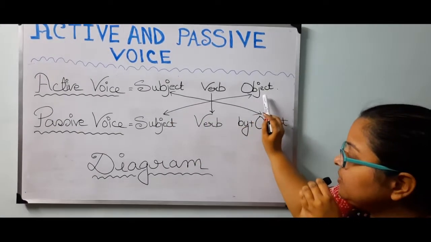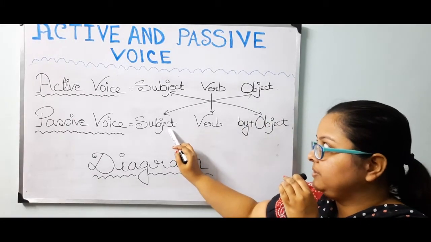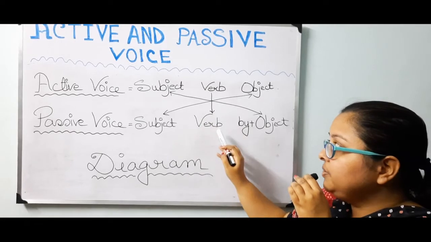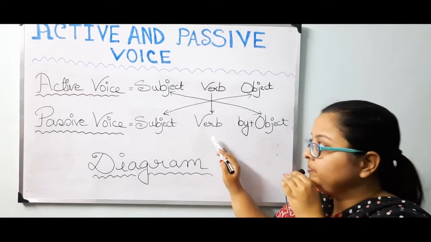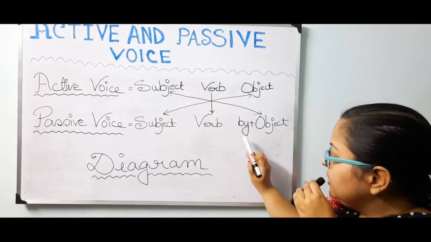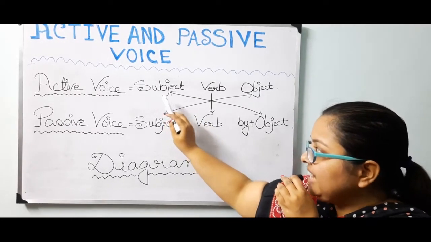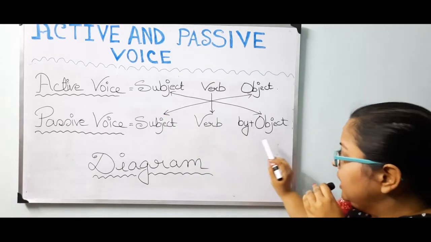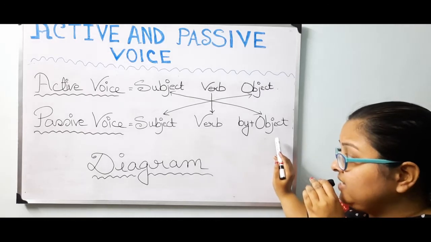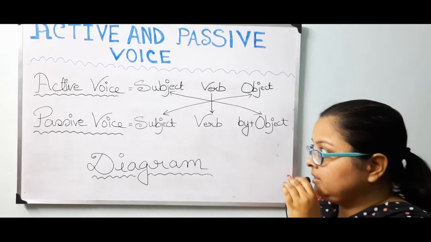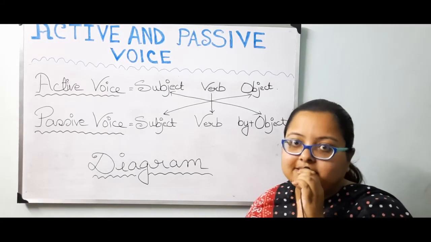Now, the object of the active voice will turn into the subject of the passive voice. Then the main verb will remain in its same place. Then by will be there, and then the subject of the active voice will turn into the object of the passive voice.